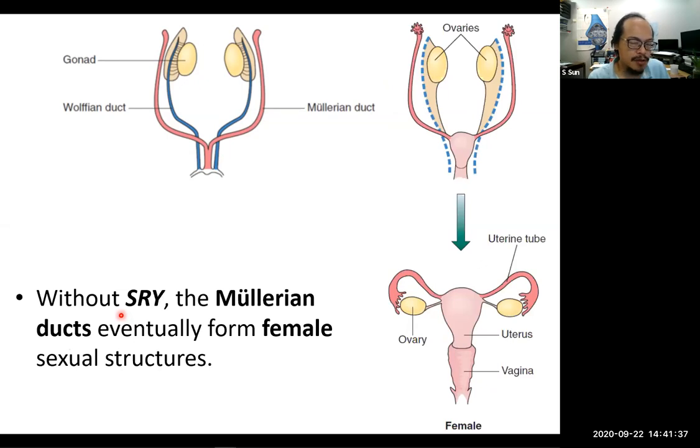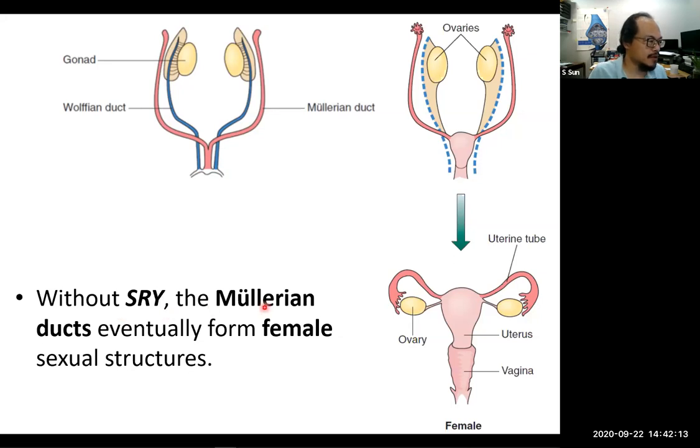If the SRY is absent, either there's no Y chromosome, like the typical female with the XX chromosome, or the SRY is silent, or there are some disorders where the SRY is mutated or missing, then this body will develop into a female.